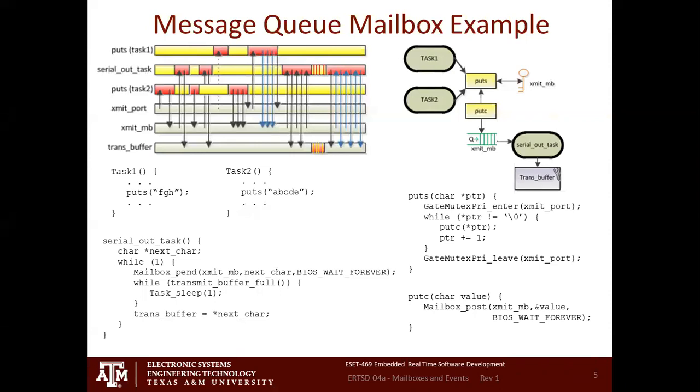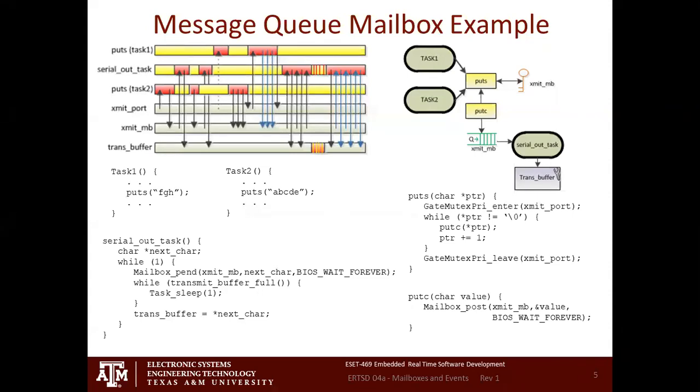Serial out looks for a character and shoves it out the serial port. What happens is that I've got two different tasks, task 1 and task 2, that are calling putS. Red means that he's the active task. So he gets some stuff and puts it into this exit queue mailbox.